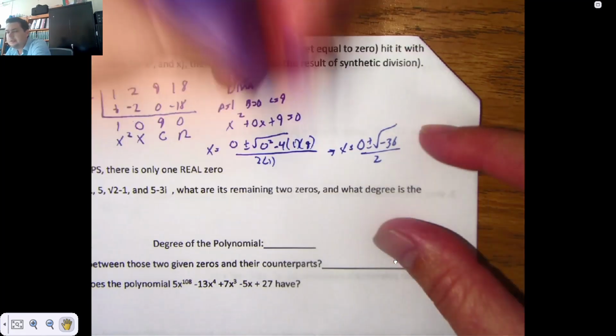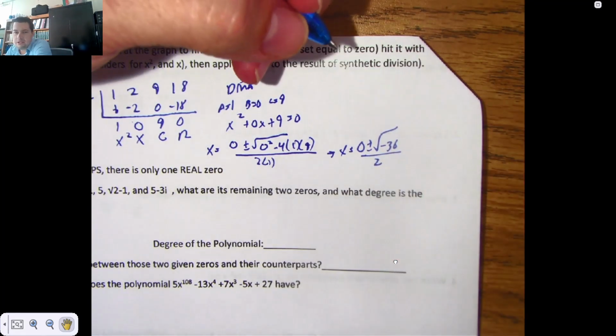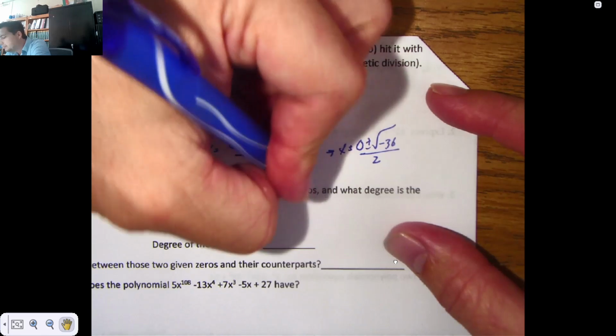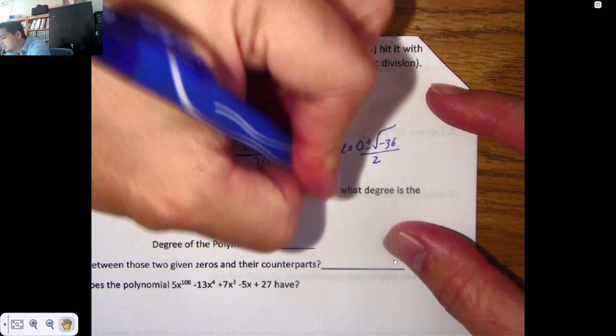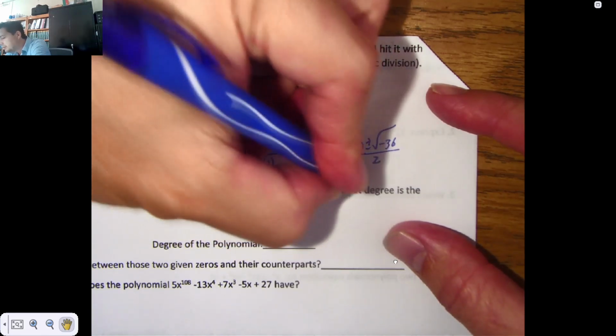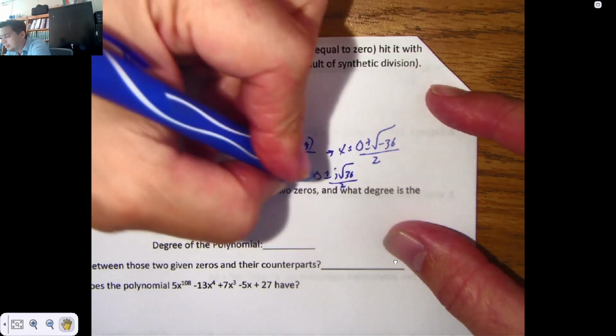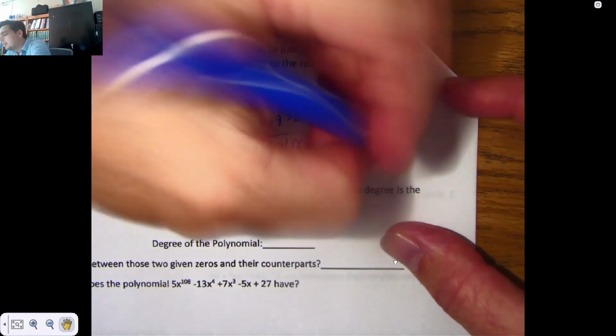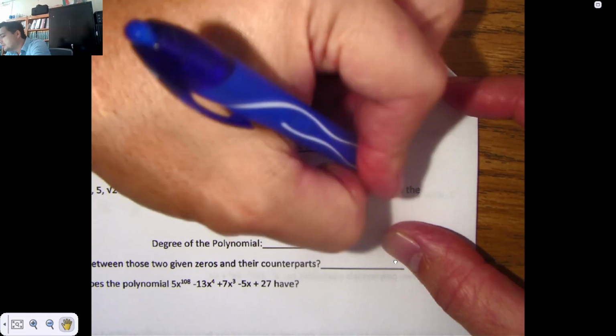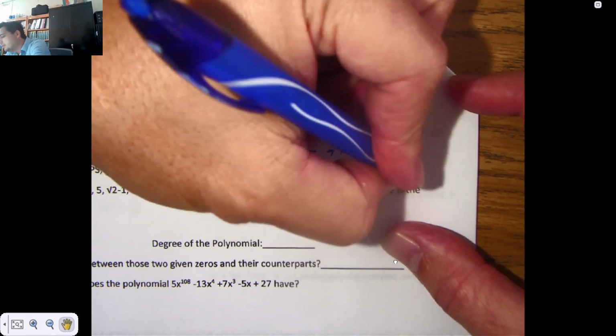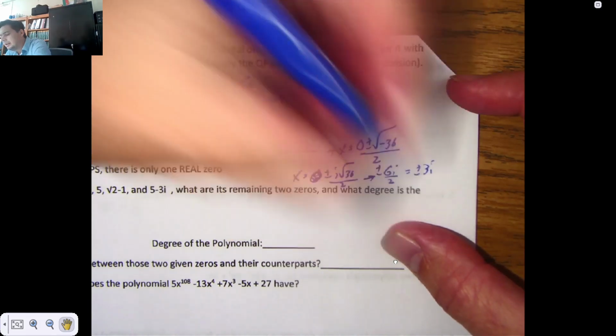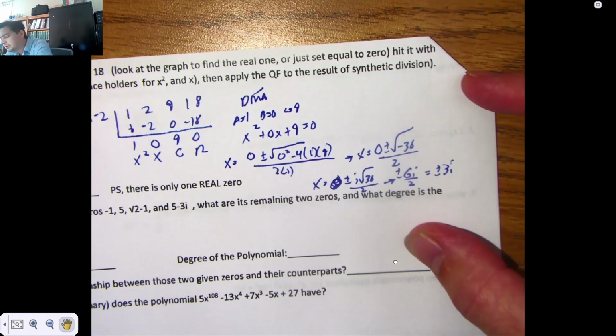The root of negative 36 is something you're supposed to know. It's imaginary. X is 0 plus or minus the imaginary root of 36 over 2. I don't even know why I'm writing 0 anymore. The root of 36 would be 6, so 6i over 2, plus or minus 3i. That's probably the longest way to do this one.